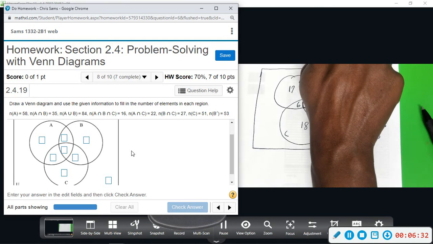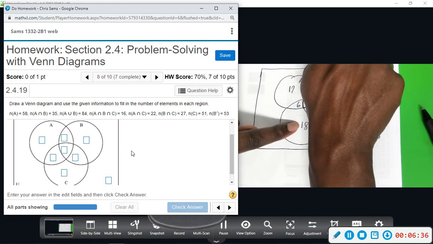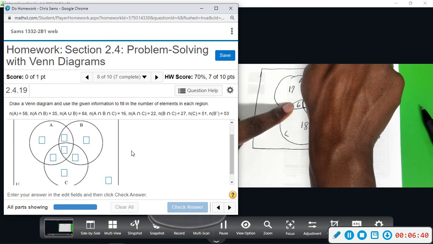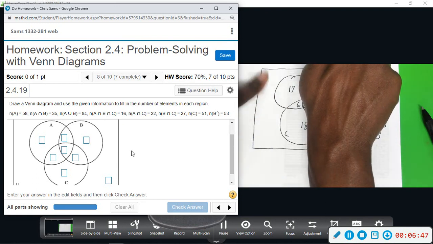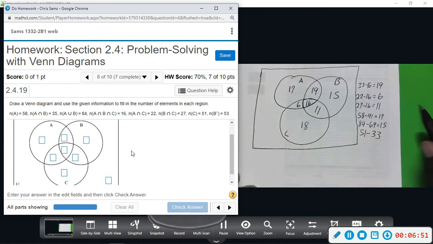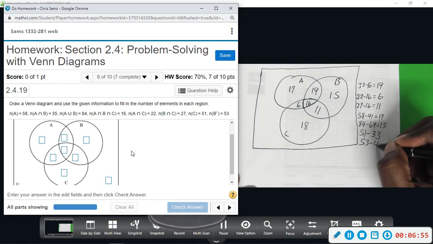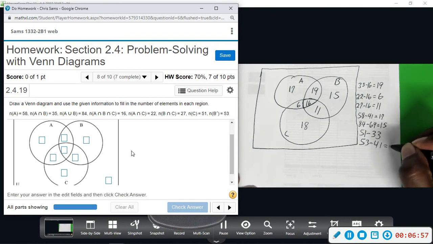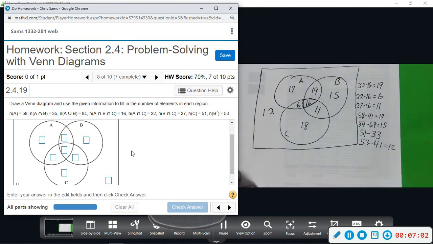So we cover up B. Everything that's not in B, we have 17 and 18, 35, plus 6, 41. So we have 41 so far. So we're missing a part that goes on the outside. We know the total is 53. 53 minus 41 is 12. Alright, so we know that 12 belongs on the outside.